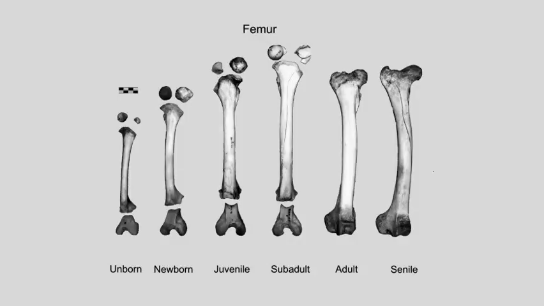And one final example. If we're looking at the femur, we see a number of different components throughout the life course, from unborn, newborn, juvenile, subadult, adult, to an elderly individual, where we see full fusion. Even a subadult, so we're looking at a teen here, and this is really why a lot of kids don't break their bones in the places that adults eventually do, because they are in fact malleable.